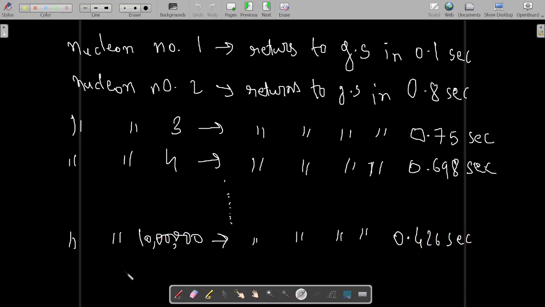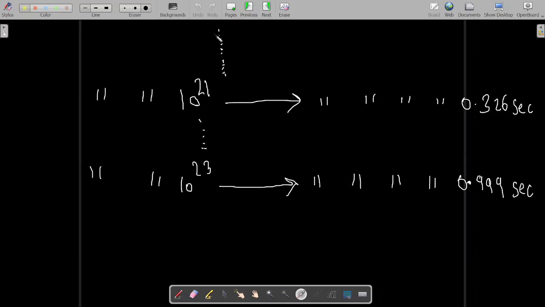Then similarly 10 lakh becomes 1 crore, 1 crore becomes 1 billion, 1 billion becomes 1 trillion, then 1 trillion becomes 1 quadrillion. The list goes on, and after that nucleon number 10 to the power 21 suppose returns to the ground state in 0.326 second.